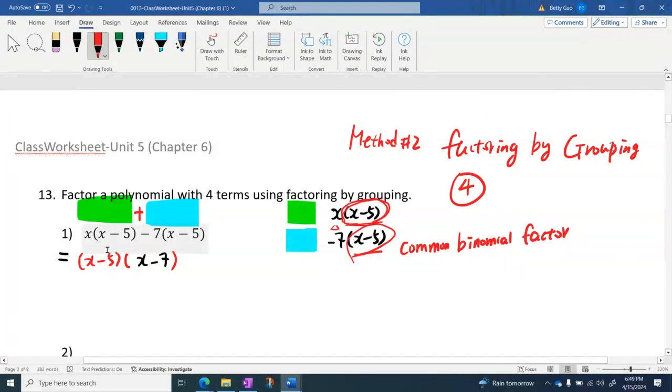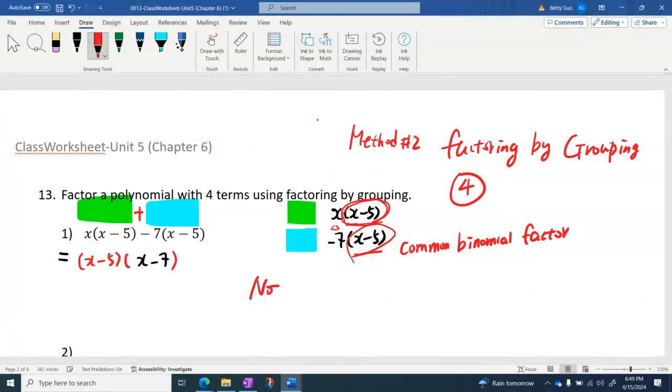Once we factor the common binomial factor x minus 5, from the green part we have leftover x. From the blue part, we have leftover -7, and put them together in the parentheses. And we successfully rewrote the given expression as a multiplication of two prime binomials.